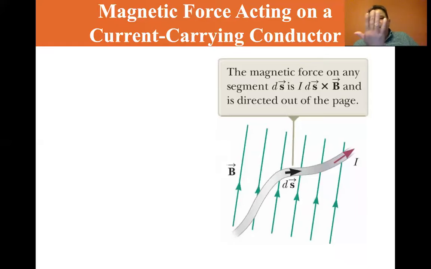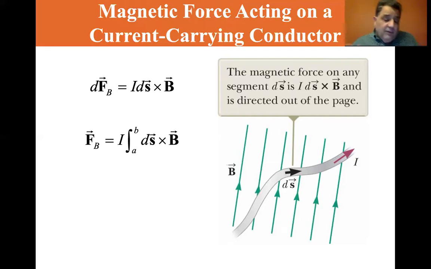You can see that the magnetic field is in this direction. The velocity is this way, and so the force is coming towards me out of the page. So dF, the varying force, is equal to I ds cross B. So the magnetic force on a current is I times the integral from a to b of ds cross B.